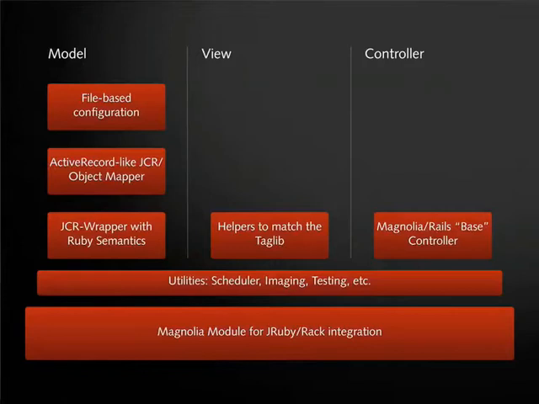The second thing we have is a kind of an Active Record-like, let's say, content or repository object mapper. Active Record is the Hibernate equivalent in the Ruby world. It basically is an object relational mapper. It has some interesting features, and it's quite commonly used in the Rails world.